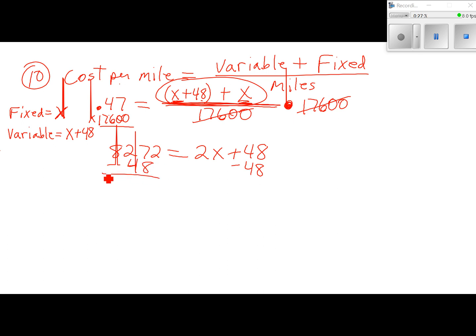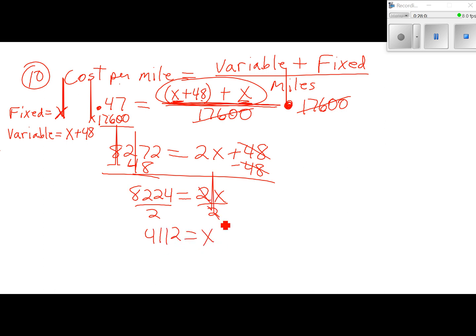So we got 8,272 minus 48, and that gives us 8,224. These cancel out, leaving us with 2X over here. We divide by 2. So you take that 8,224 divided by 2, and we end up with 4,112. These cancel out. That's X.